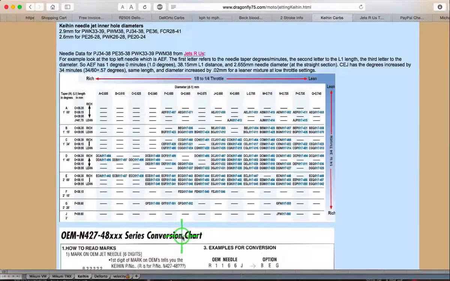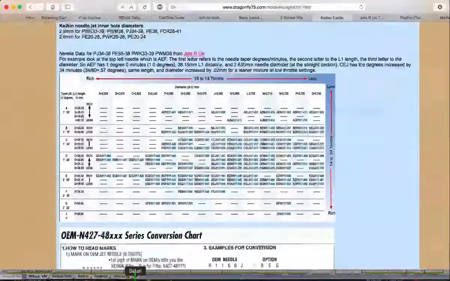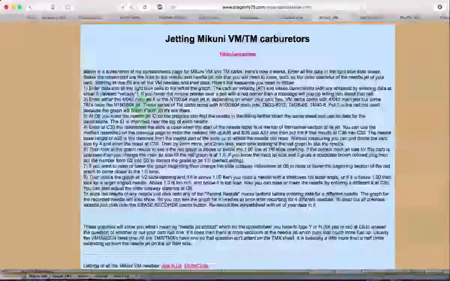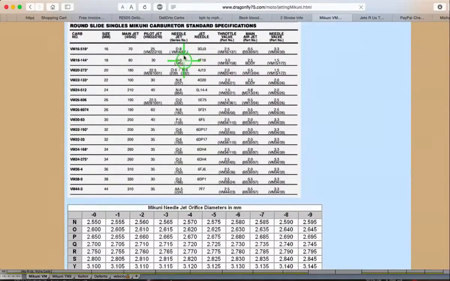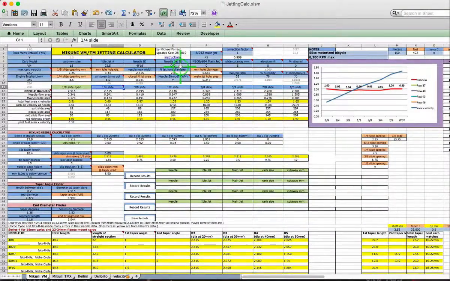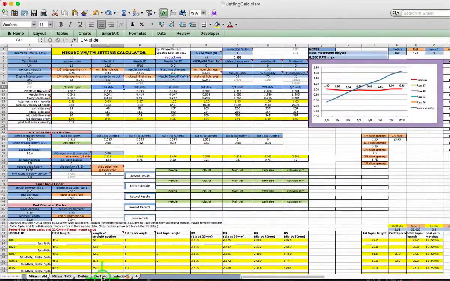And on Mikuni, when you look up what is basically supplied with Mikunis, right here, the letter and the number, such as N8 for a VM24, you enter that here, and it decodes that and gives you the diameter right here.